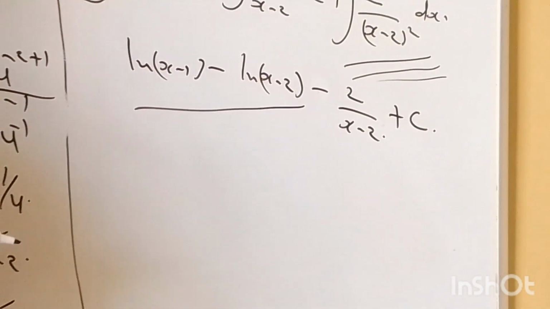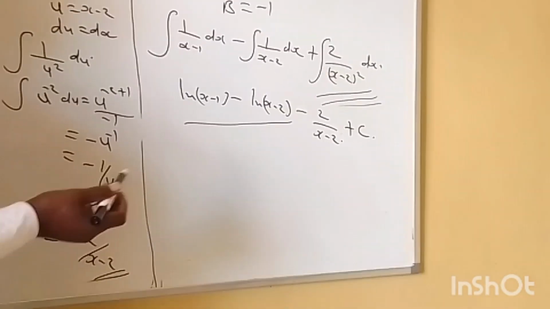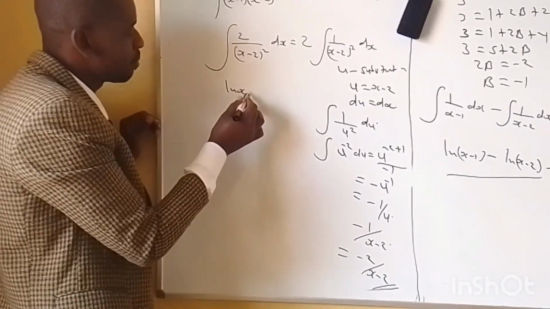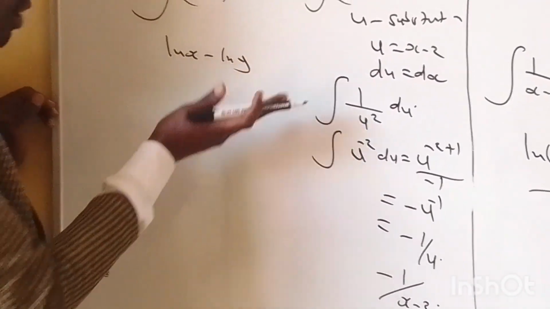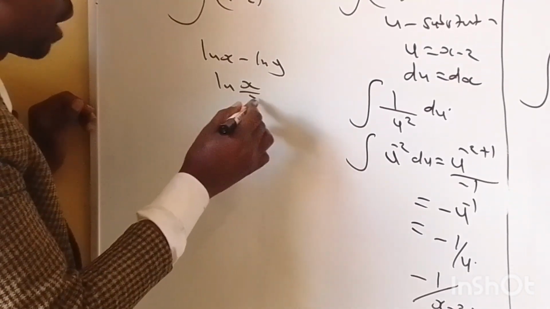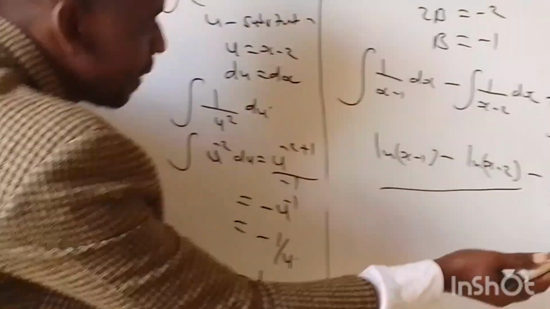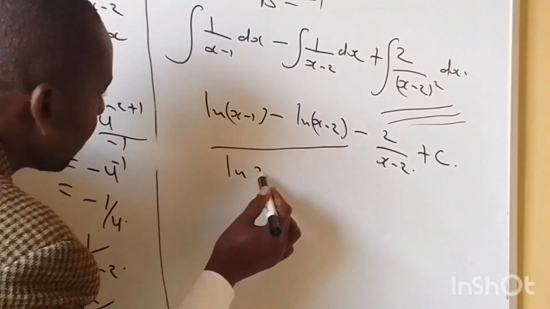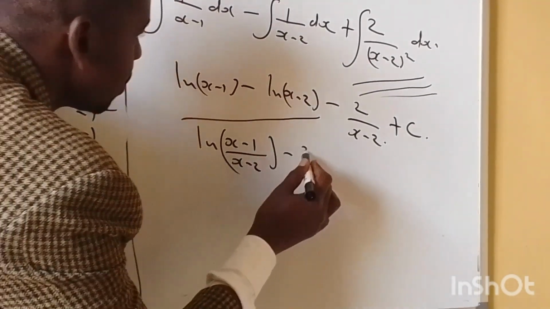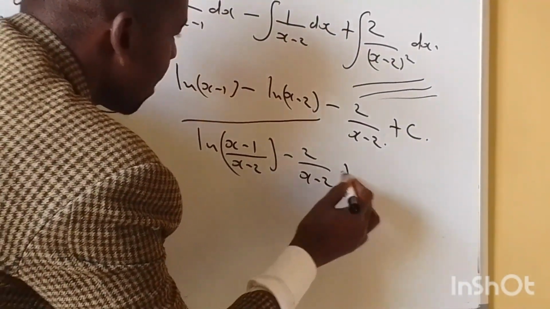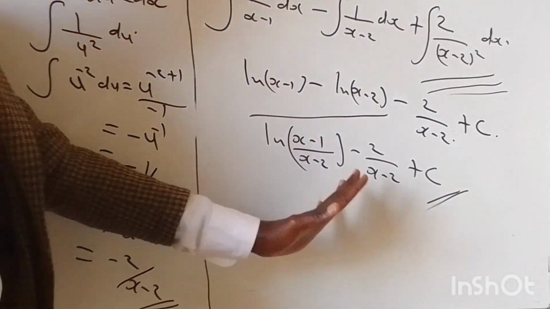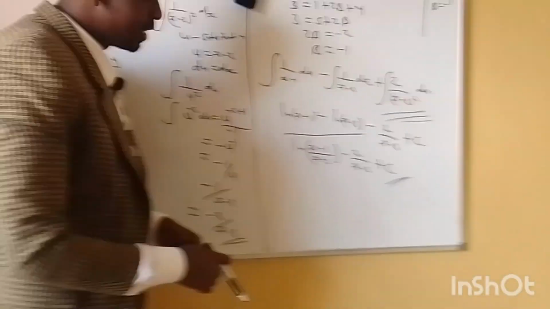Let's remind ourselves that if you have ln of x minus ln of y, then you can put this as a single log, ln of x over y. So that's what I want to apply there. Finally, we have ln of x minus 1 over x minus 2, minus 2 over x minus 2, plus c. That is our final answer to this problem.